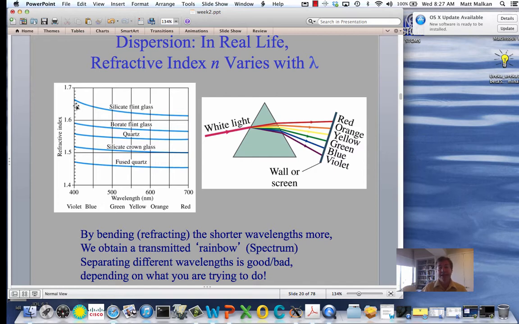What that means is that the angles of refraction given by Snell's law will be larger at shorter wavelengths. To put it simply, the shorter the wavelength of the light, the larger the refraction, the larger the angles that it bends away from the normal.